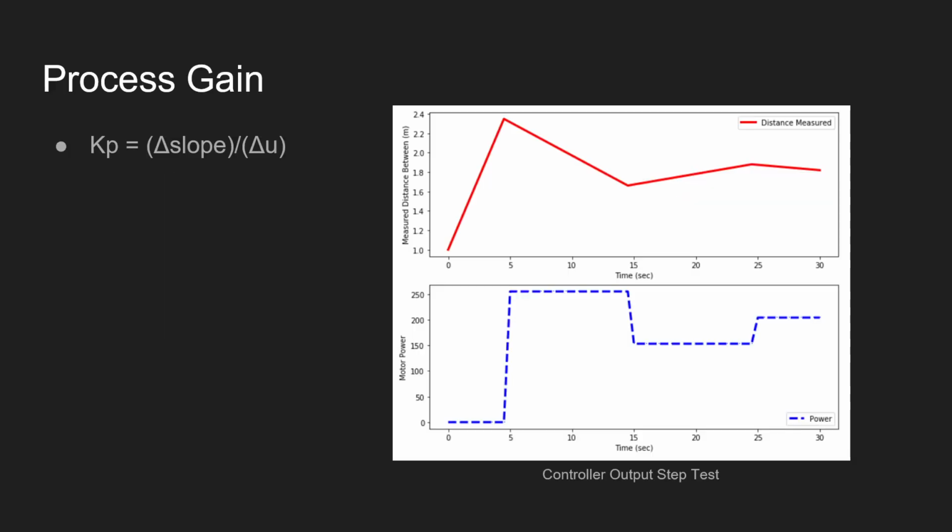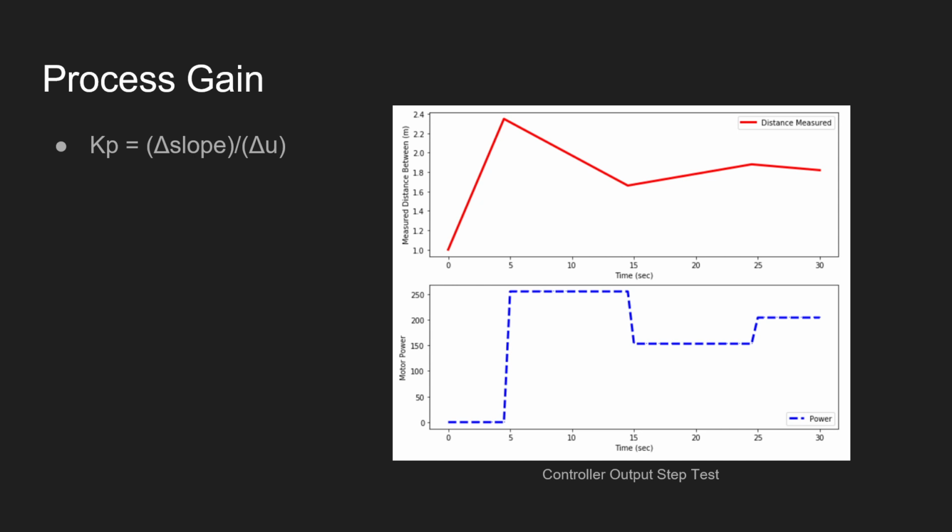And so moving on to our process gain, we did a couple step tests based on that motor power input, and we assumed that our person was walking at a constant speed here, and that's why you see that it's going further away when we have no power to the motor, and then we ramp up, we slowly start to catch up. So the process gain is our delta slope over our delta U, which is our controller power input.